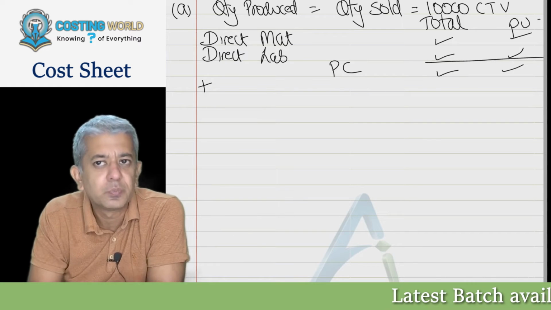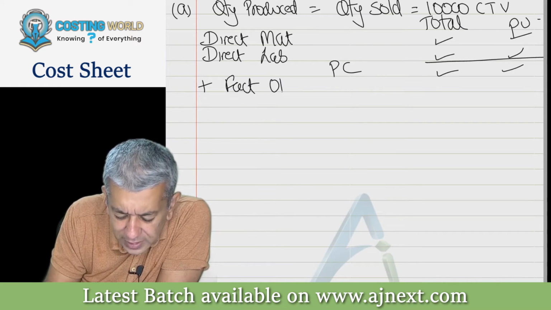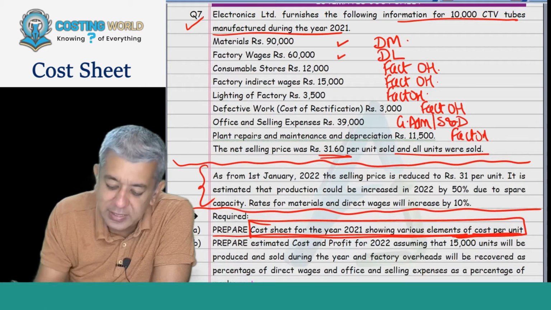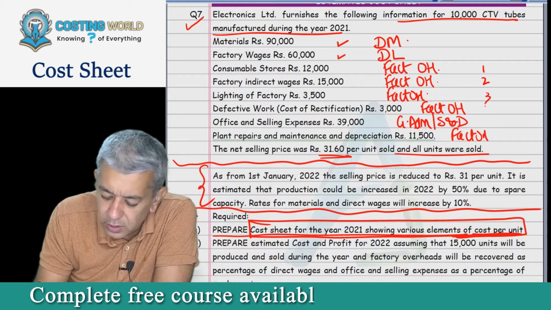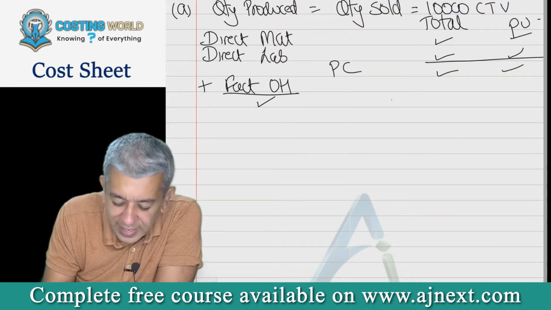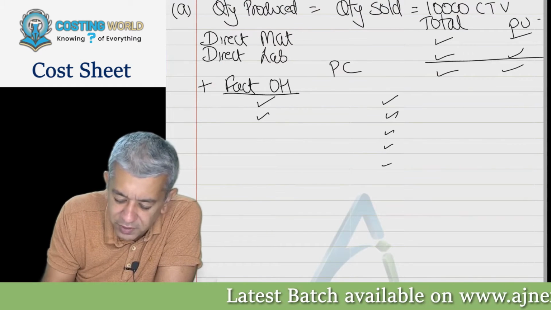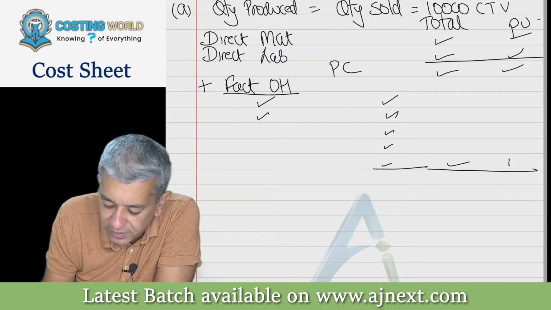What add? Factory overhead. In this particular case there are 5 items over here. So you write the name and figure in the inner column, 1, 2, 3, 4, 5. This will give you your factory overheads.